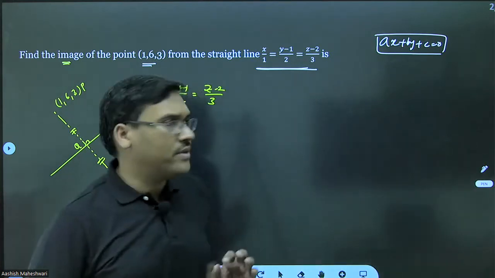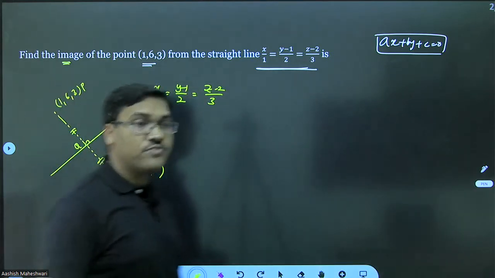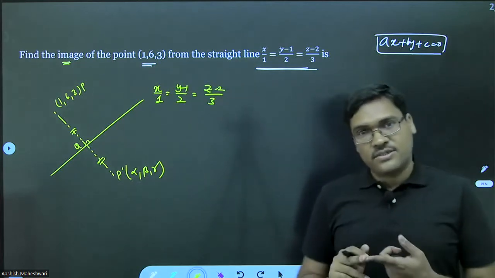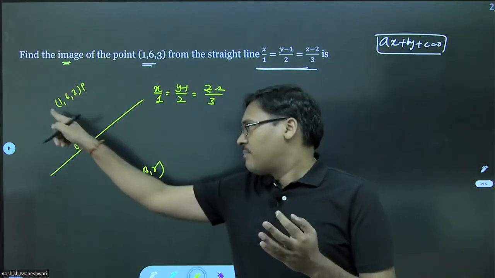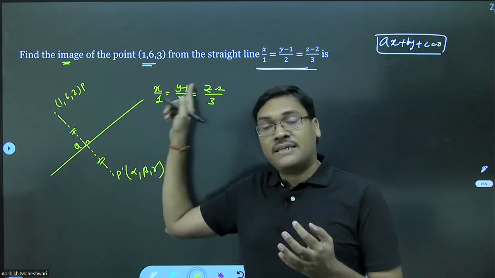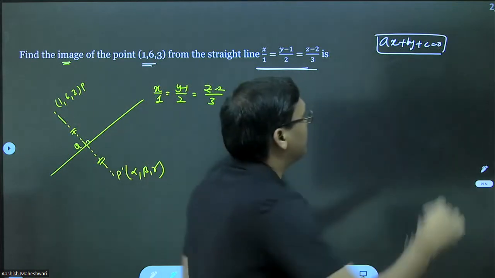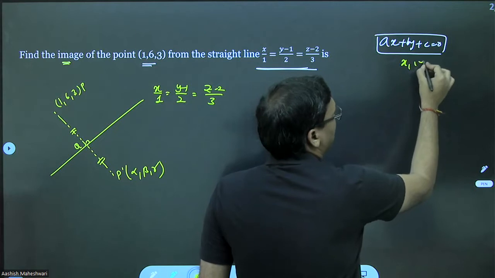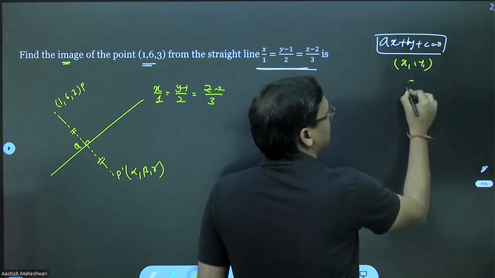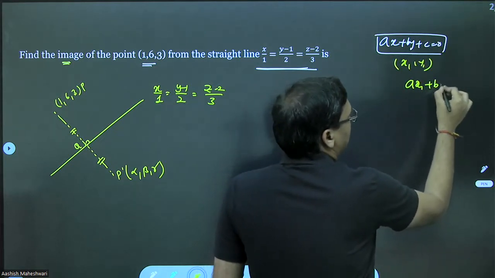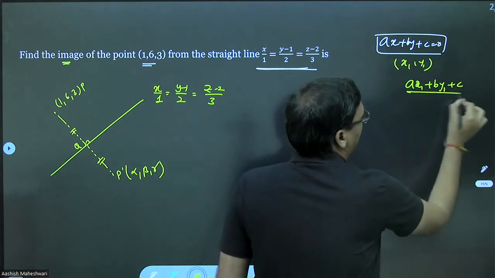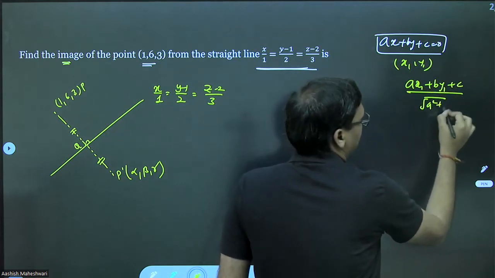So effectively we are trying to find this point Q, which is the foot of perpendicular, and by using this you can answer three questions, including the perpendicular distance of a point from a line in 3 dimensions. In 2 dimensions we have a formula: if the point is (x1, y1), the distance is ax1 plus by1 plus c upon under root of a square plus b square.